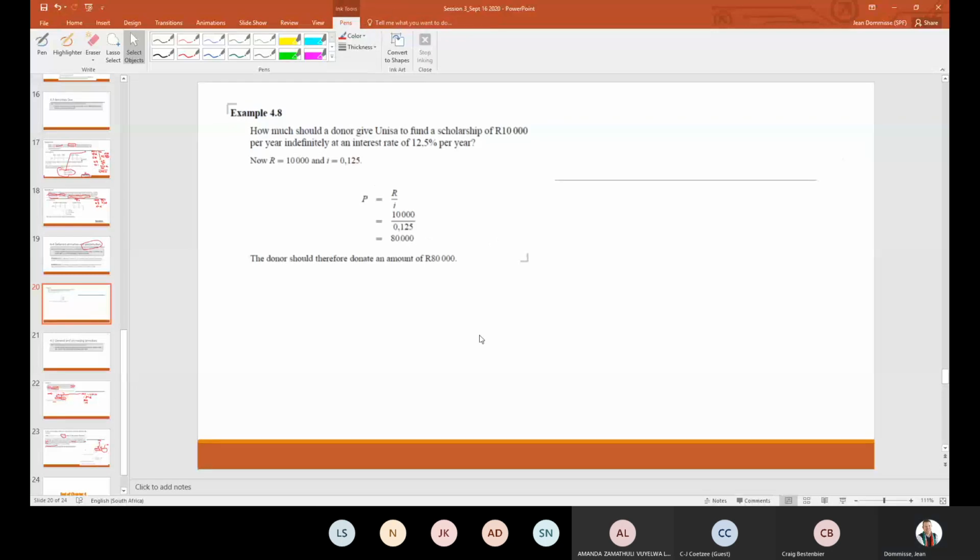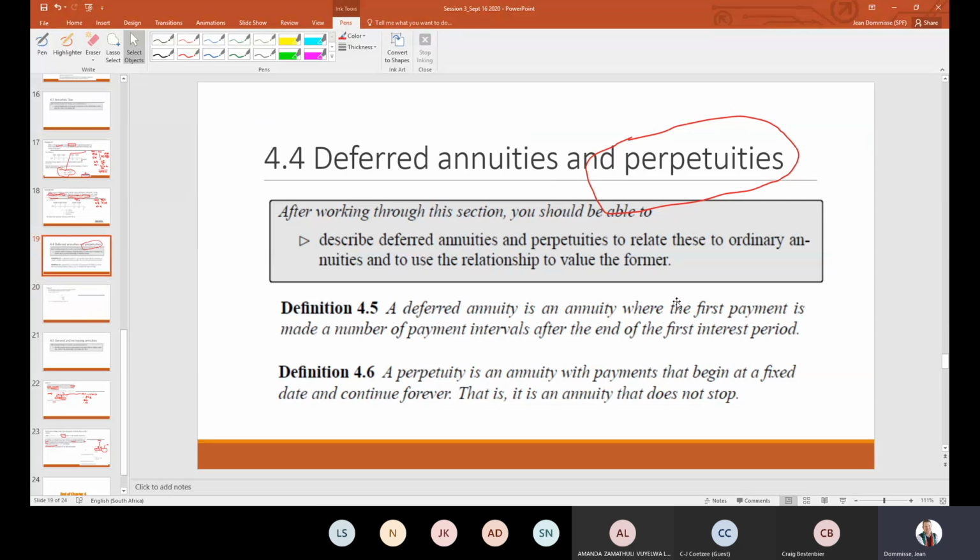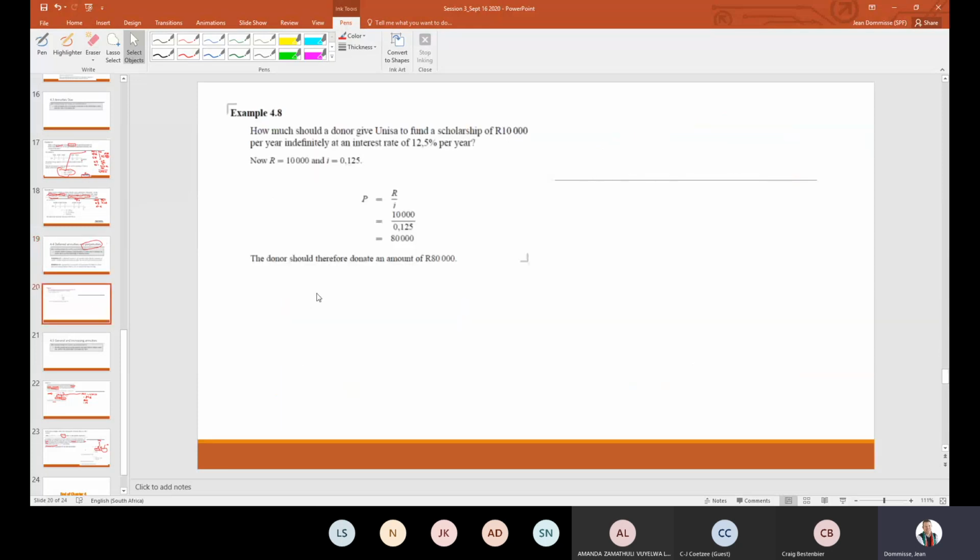So where we were looking at the perpetuities, this is the formula for that, and I think that is also important. So it is a straightforward formula, and there's no catch in here.